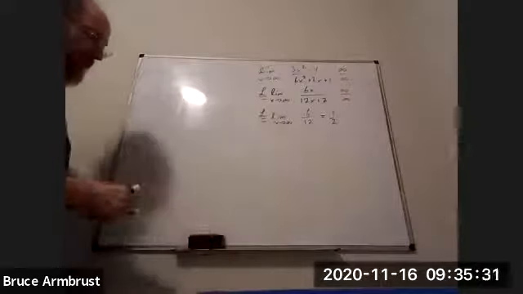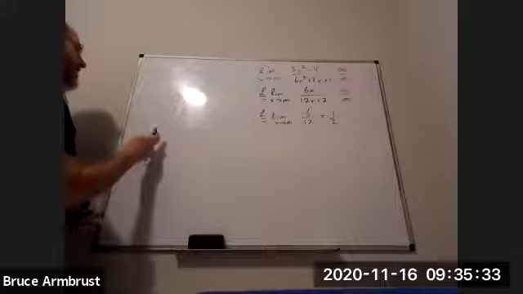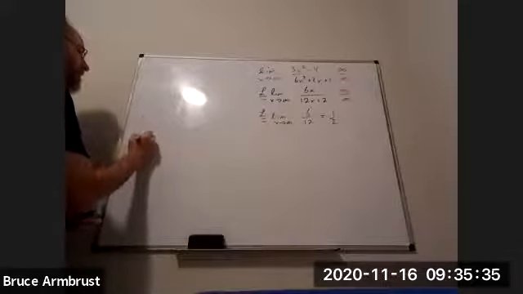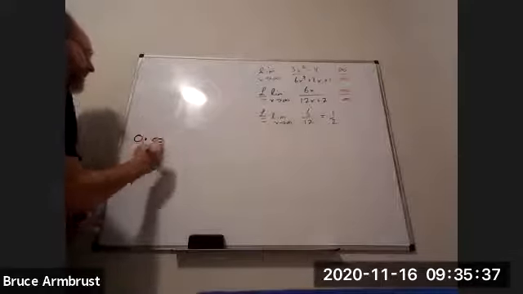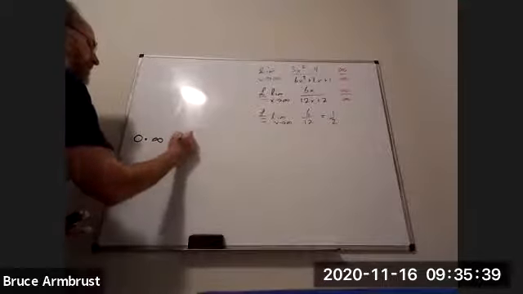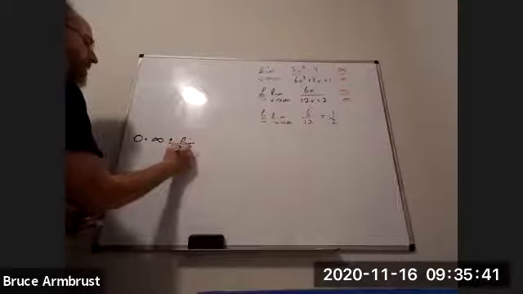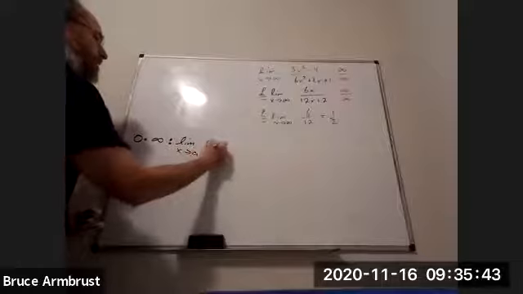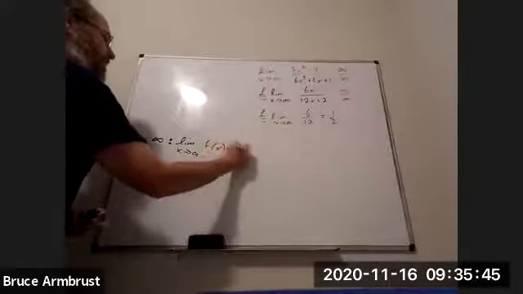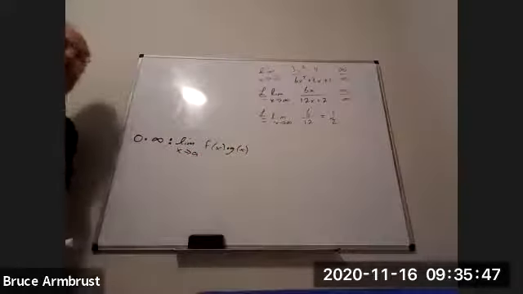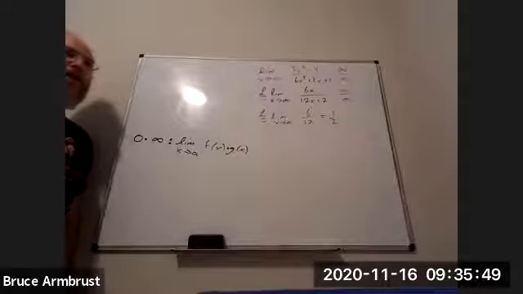All right, so here's your next form. What if we have 0 times infinity? All right, so this is going to be the limit as x goes to a of f of x times g of x. And one of those is 0, and the other one is infinite.